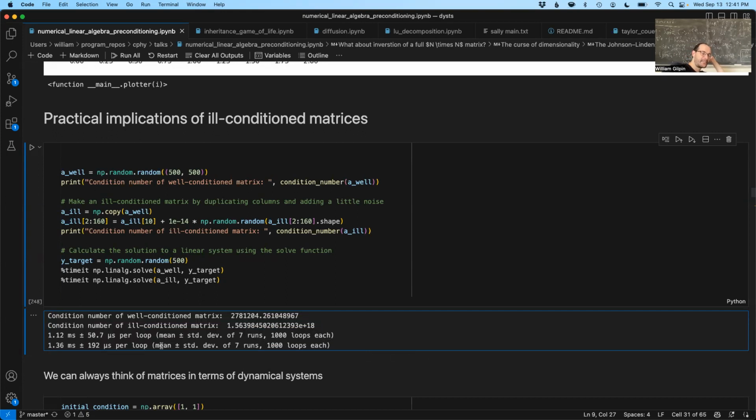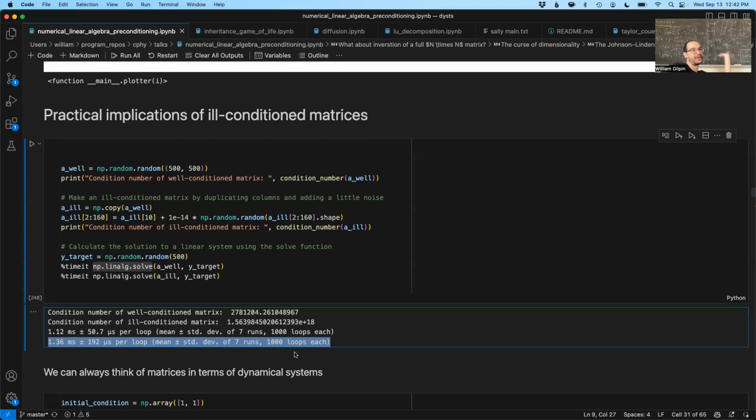And it's an example of how this mathematical property of the column space can actually manifest in the hard runtime of numerical algorithms. And I just mentioned that the NumPy implementation of matrix inversion is presumably as efficient as you're going to get, and it still notices this difference here. So the condition number is super important to keep track of if you're working with big matrices.